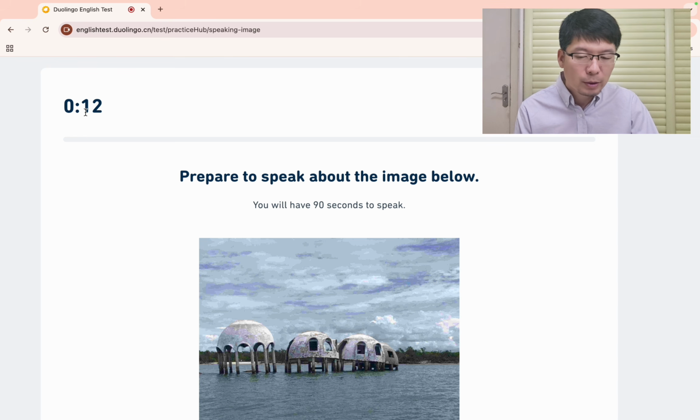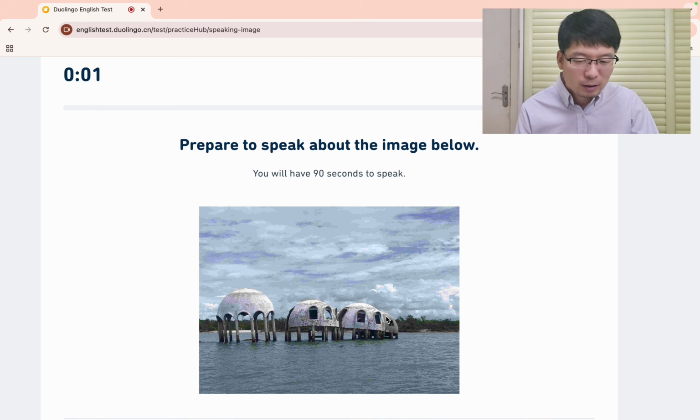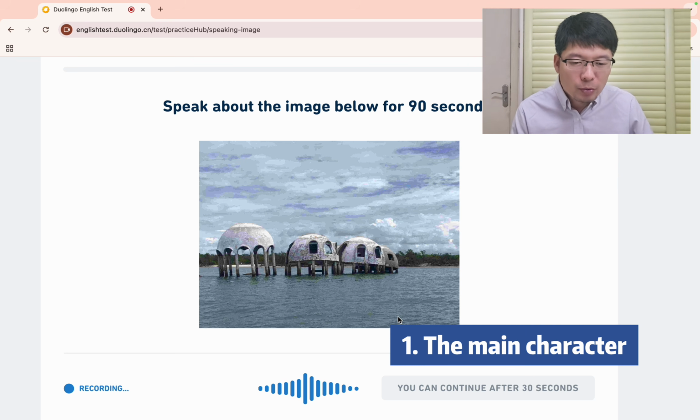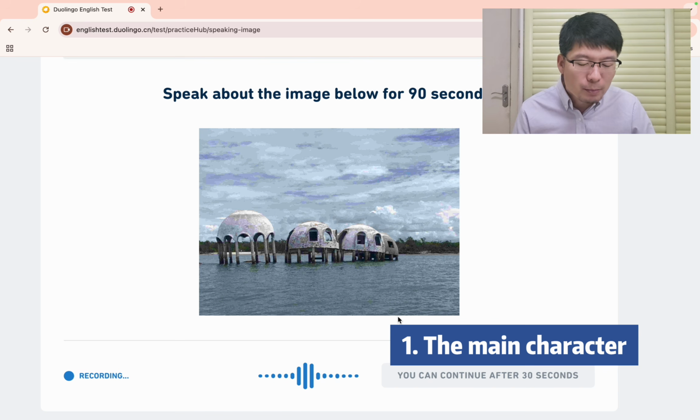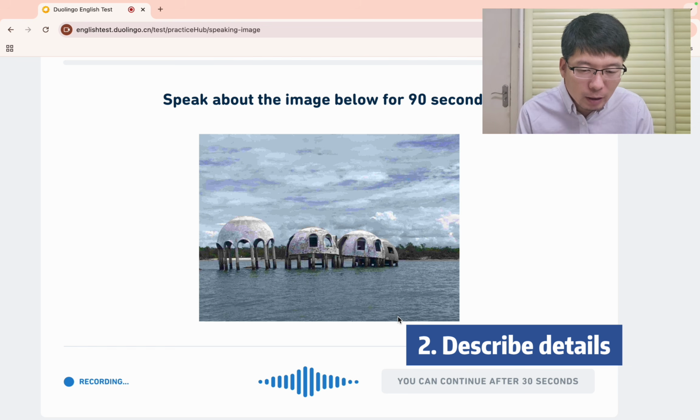We have 20 seconds to prepare. Actually, this question is very difficult because we cannot see any person. Okay, we can say this image shows some special constructions or little houses just near the shore, and their shapes are very interesting.